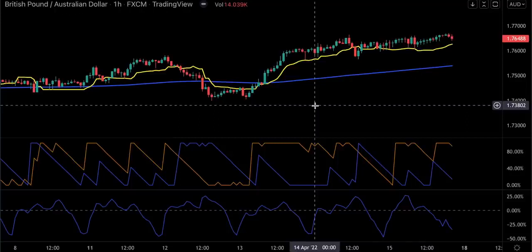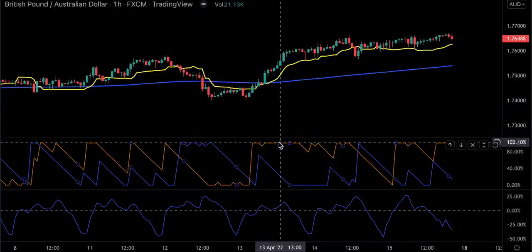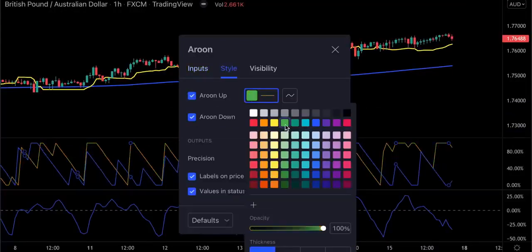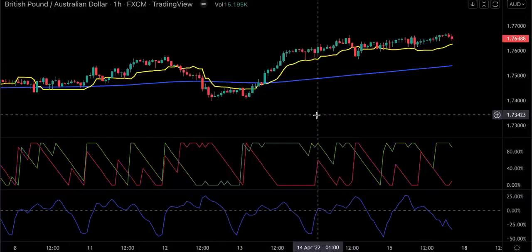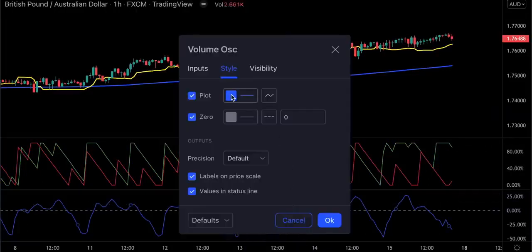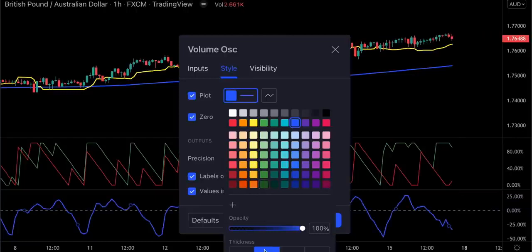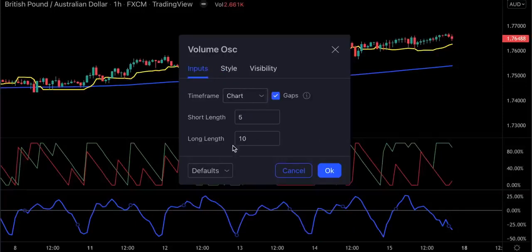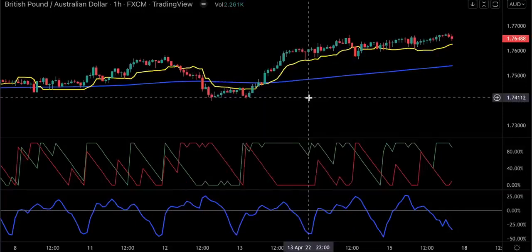Okay, now let's adjust the settings on our Arun indicator. So first, let's change the inputs from 14 to 10 and change the style. And lastly, let's do some slight adjustments to our volume oscillator. So first of all, let's make this line a bit thicker and change this from dash to a regular line. Also, we're not going to change the inputs. Okay, now our strategy is ready.